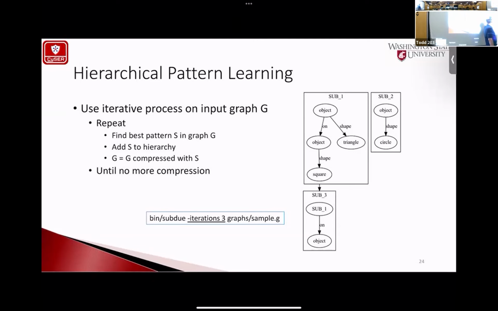The next pattern it will find is the circles, which are obviously not part of the triangle on square pattern. And then the third pattern it finds is actually built from the first pattern. So it's basically the first pattern with an extra object on it. If you remember, it was drawn.